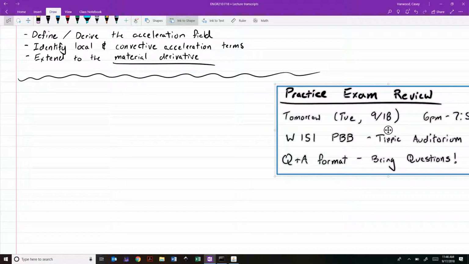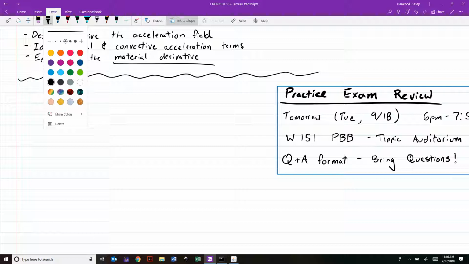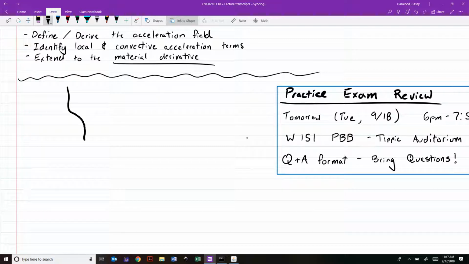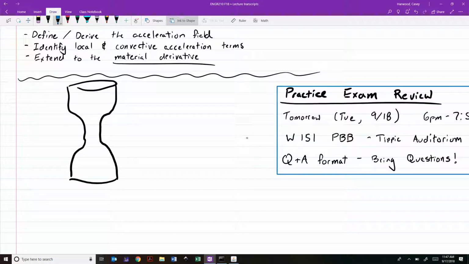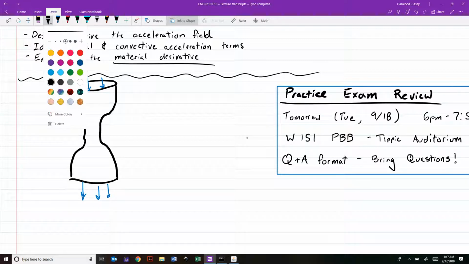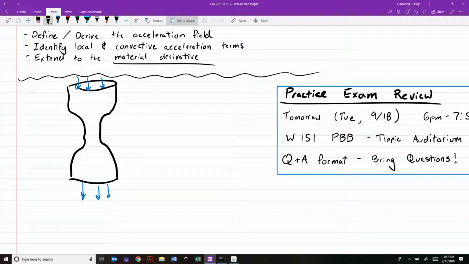Okay, so as motivation for the acceleration field, I'm going to draw the little nozzle that you just saw in your quiz. If you have a converging, diverging nozzle that has flow entering here and exiting here, we know from intuition as well as our discussions from chapter 3 that this wide region is going to be a region of relatively low velocity.